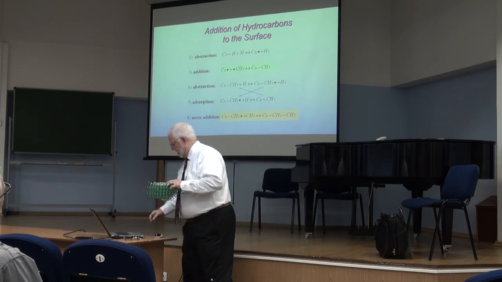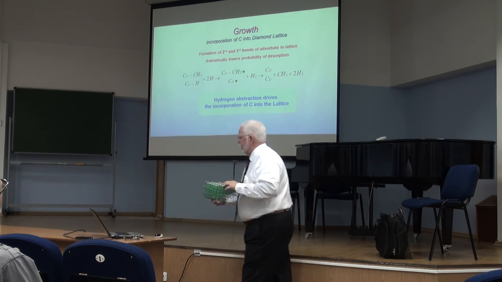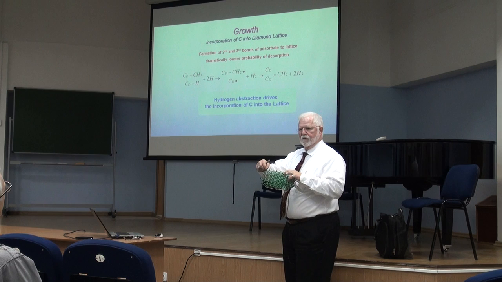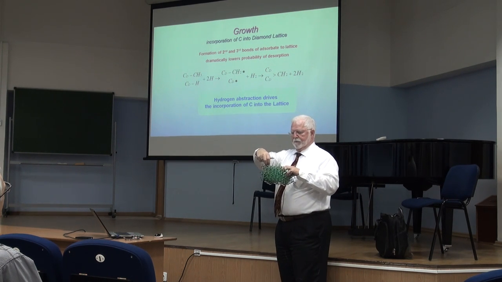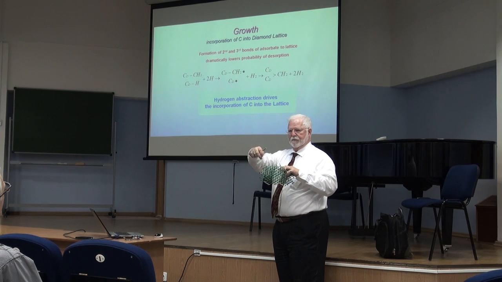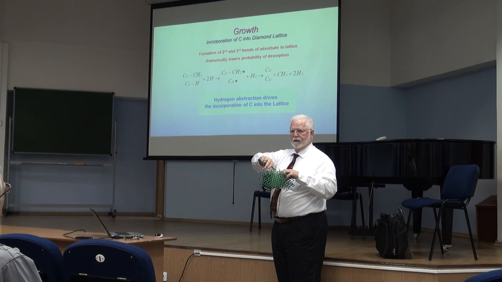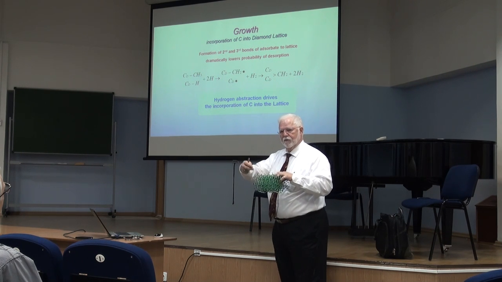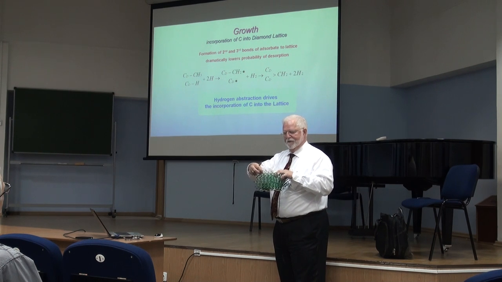So the question is, how does that get grown into the lattice? That occurs again by these hydrogen abstractions. I have the methyl radical sitting here, and I can pull off another hydrogen. I pull a hydrogen off the methyl radical, and then those two combine to form a CC bond. So this hydrogen turnover actually dehydrogenates and grows the carbon into the lattice.